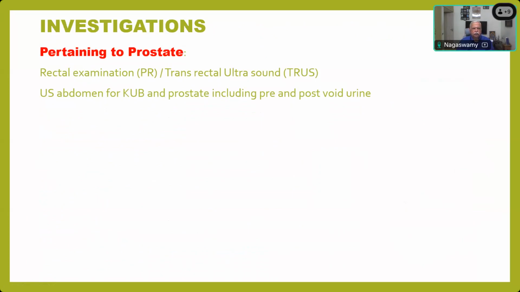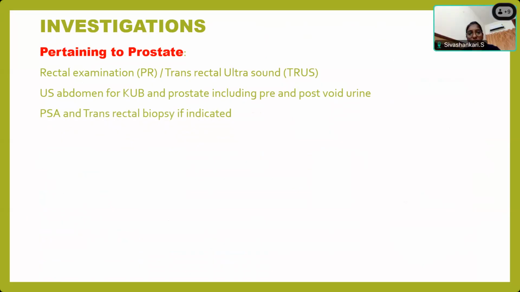Basic thing is rectal examination and transrectal ultrasound, and then ultrasound abdomen for KUB and prostate, including pre and post void urine. What is the minimum post void urine which is considered as an obstruction? After asking the patient to void, how many ml of urine retention in the bladder indicates that there is an obstruction?